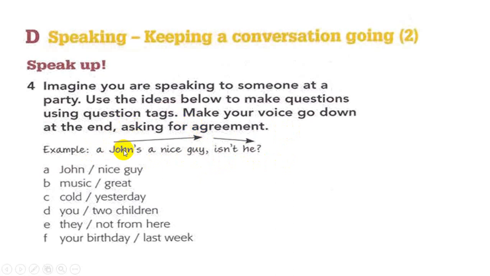So let's move to the tone or intonation. Imagine you are speaking to someone at a party. Use the ideas below to make questions using question tags. Of course, what matters to us here in question tags is the intonation. Is the intonation rising, falling, or falling, rising?